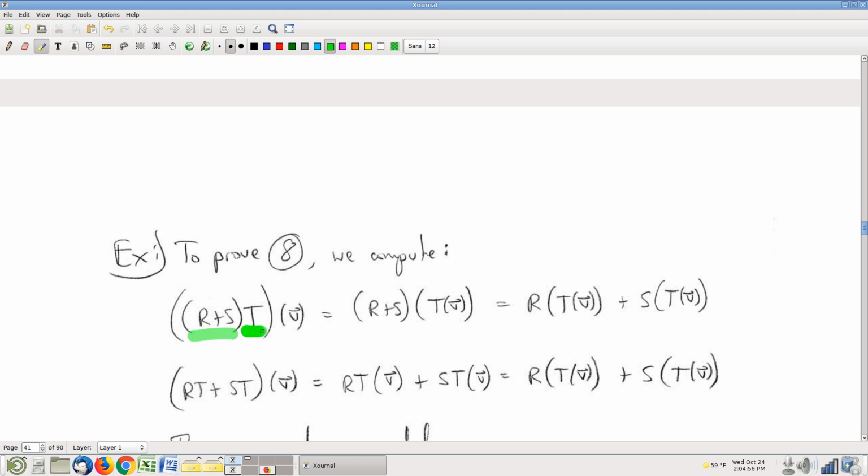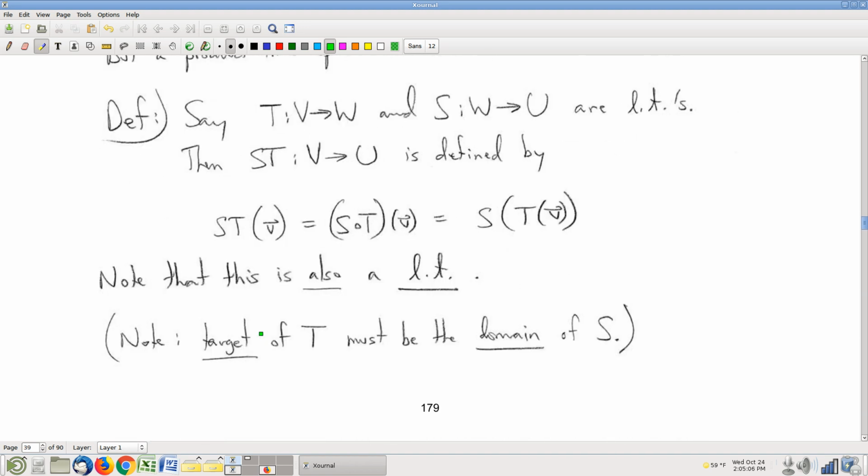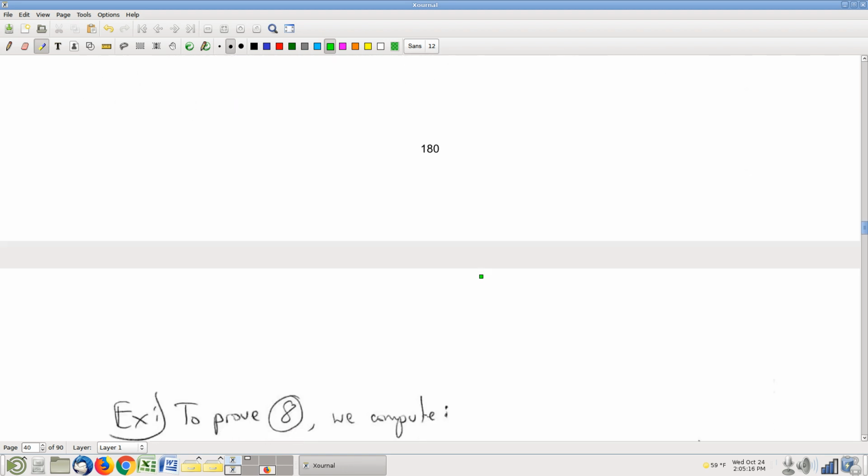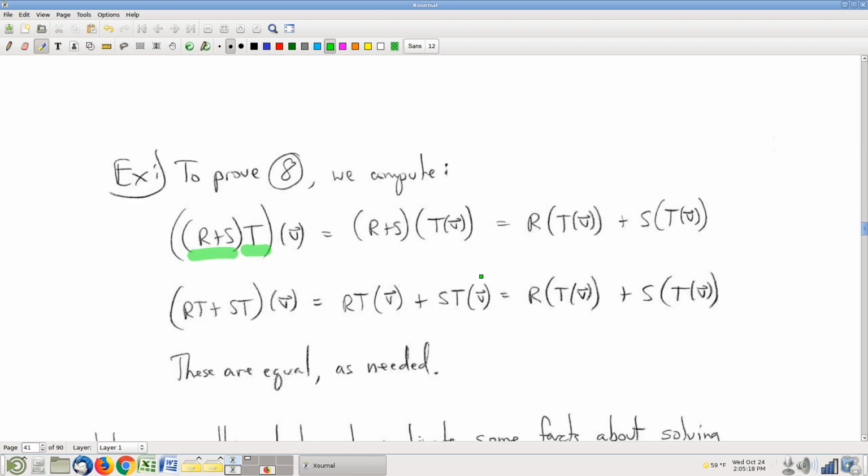Notice here, we have a product. How do you evaluate a product? Well, we have a formula here. A product is evaluated by composing. That's the definition of multiplication here. So I compose.